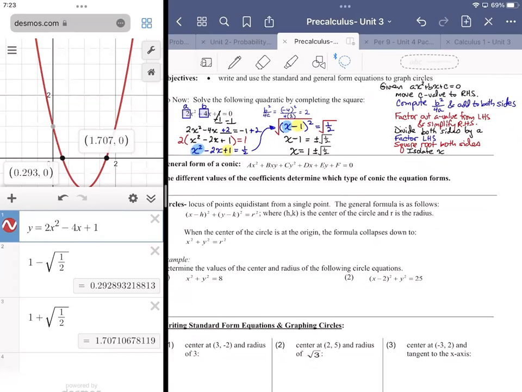If you're not familiar with completing the square, honestly, in this situation, that might be better because then you're kind of a blank slate. You're just following the steps, and you're going to see where this goes, but you're not predisposed to do it any other way. We're all creatures of habit.